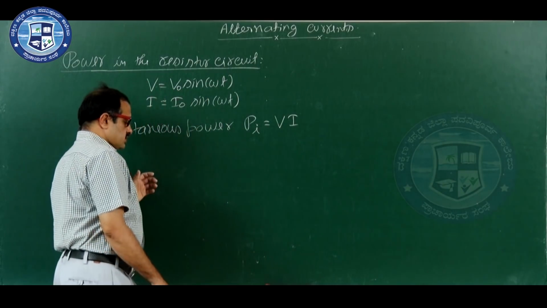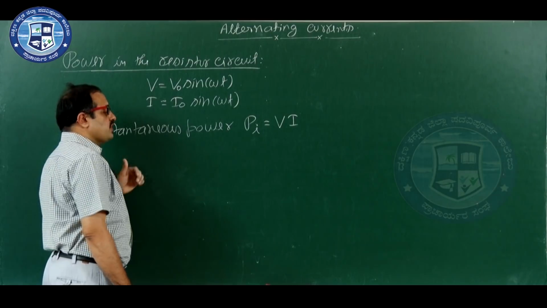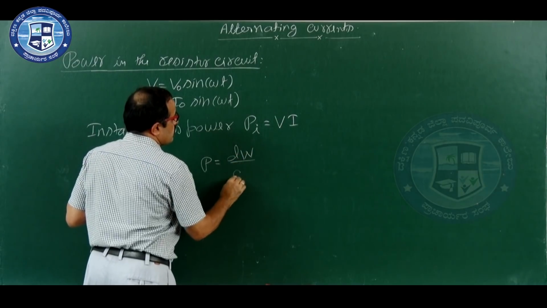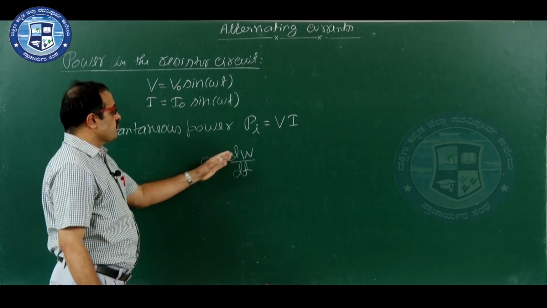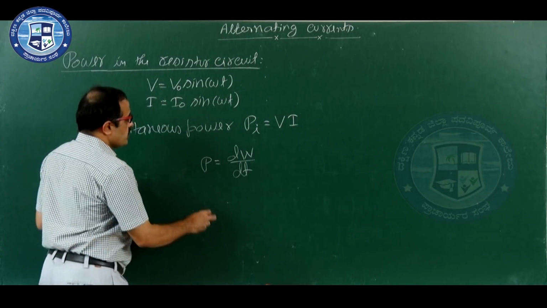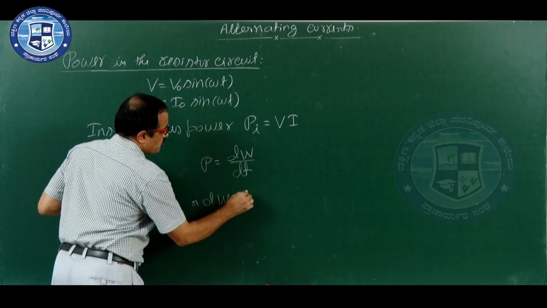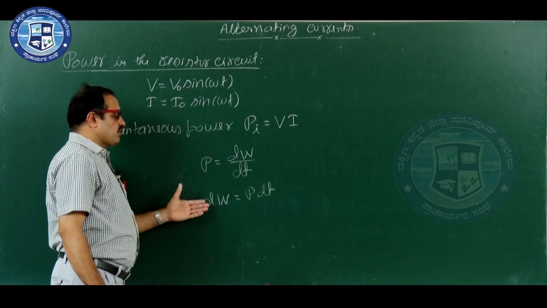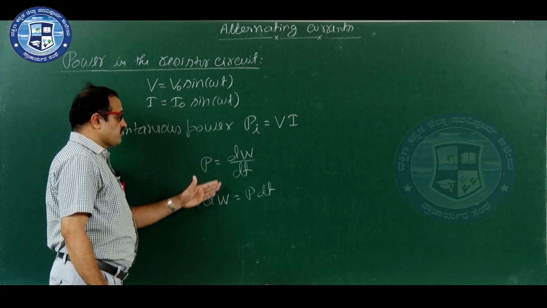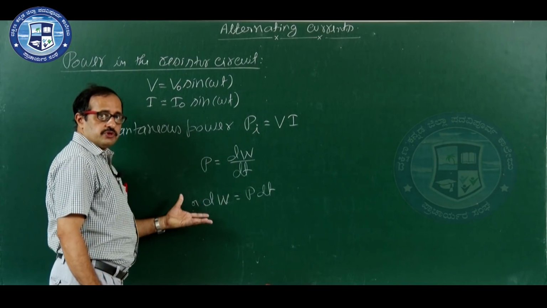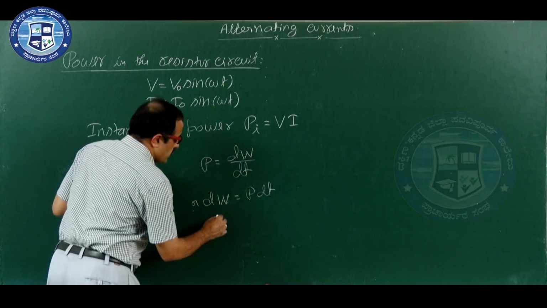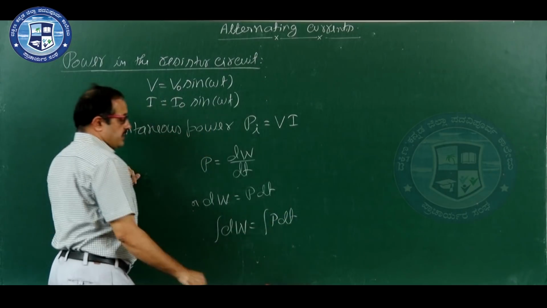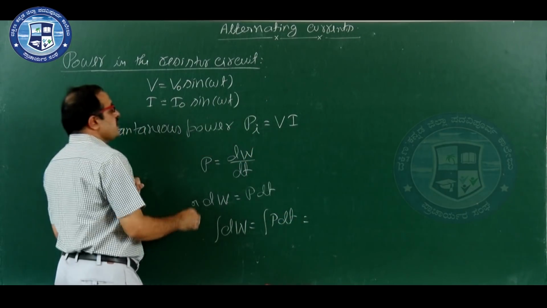But how to find out average power consumption? In earlier topic current electricity, or even in first PU, you studied about power. Power is nothing but rate of doing work, dW by dt, that already know. P is equal to dW by dt, so dW is equal to P into dt. And if you want to find out total energy consumed, because work done is also equal to energy consumed, it is the integration of dW, equal to integration of P dt.